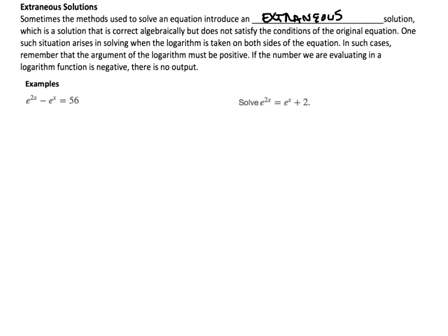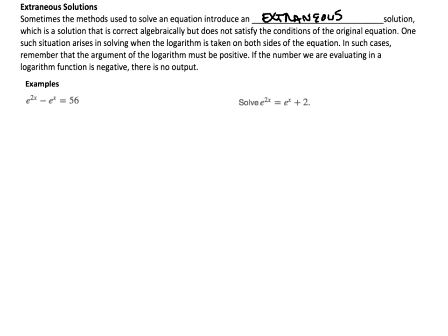However, it ends up that you're taking the logarithm of a negative value when you plug it back in, so it's not truly a solution. So in these cases, you have to discount these solutions that come up and only take the solutions that will produce real number values.